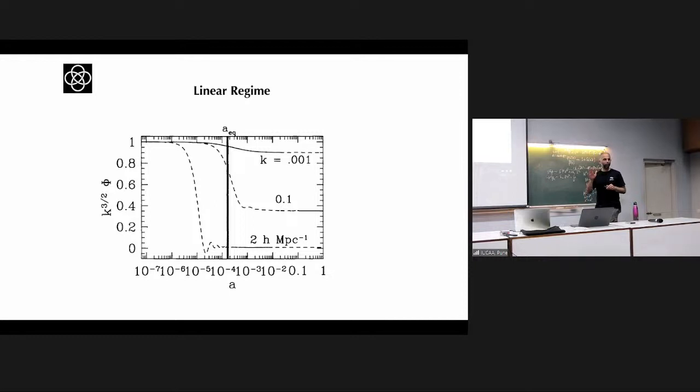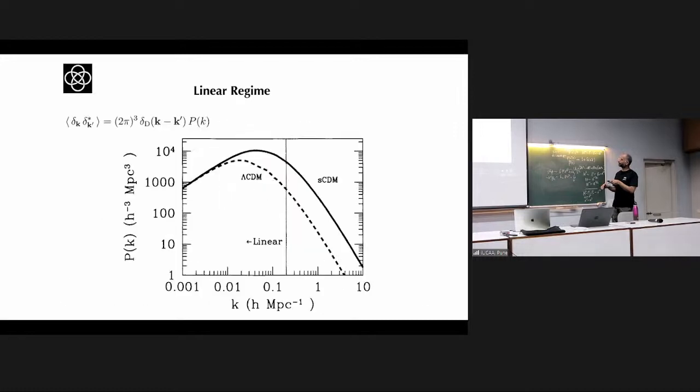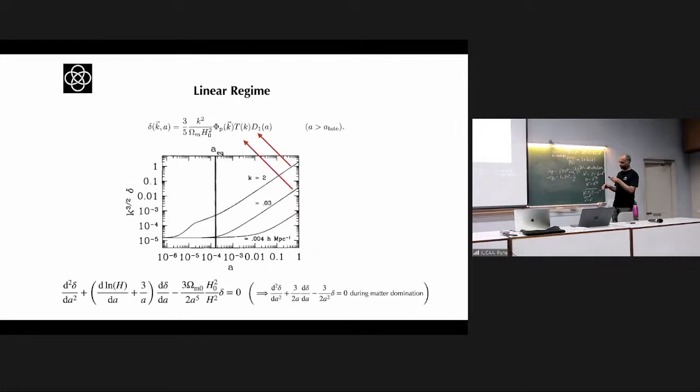I hope everybody else also follows. He was asking, there's a confusion that phi becomes a constant, but then I was saying later that delta is increasing with time, proportional to a. So where did that come from? It's very easy once you remember what the Poisson equation tells you. Poisson equation says that Laplacian phi is like rho.